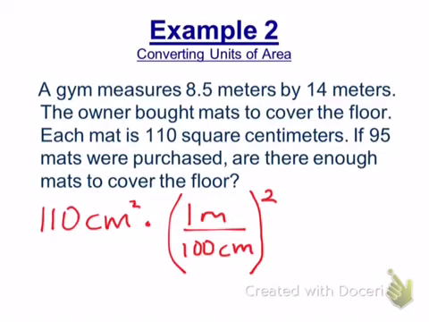Now, people in 5th period had a little bit of a challenge punching that into a calculator. Jack, get out your calculator and get it handy. 1 over 100 is 0.01. So 0.01 times 0.01 squares it, and then multiply that by 110.